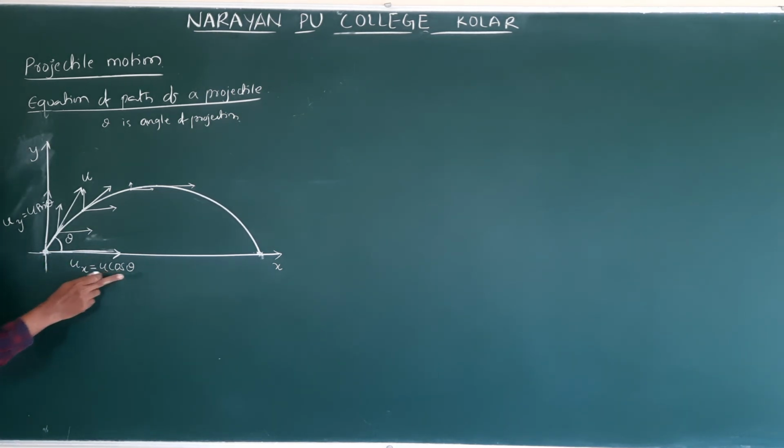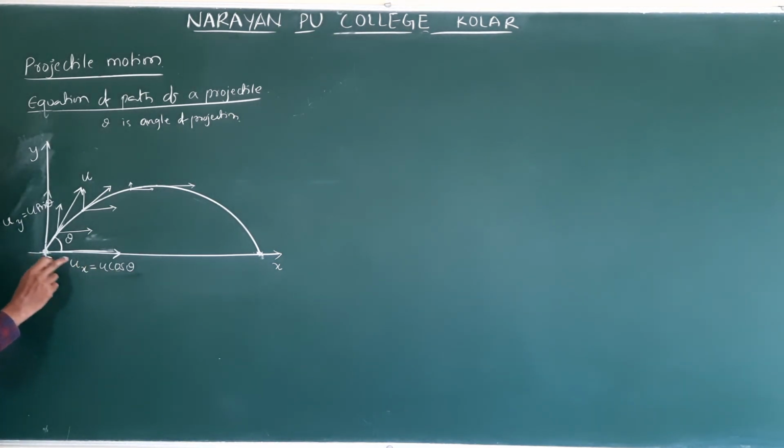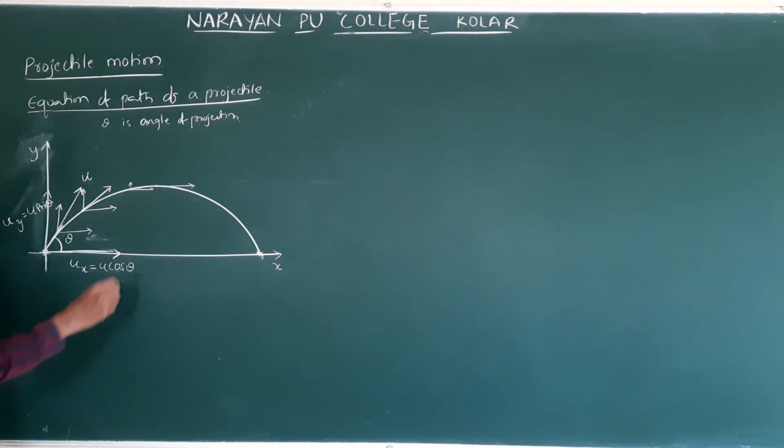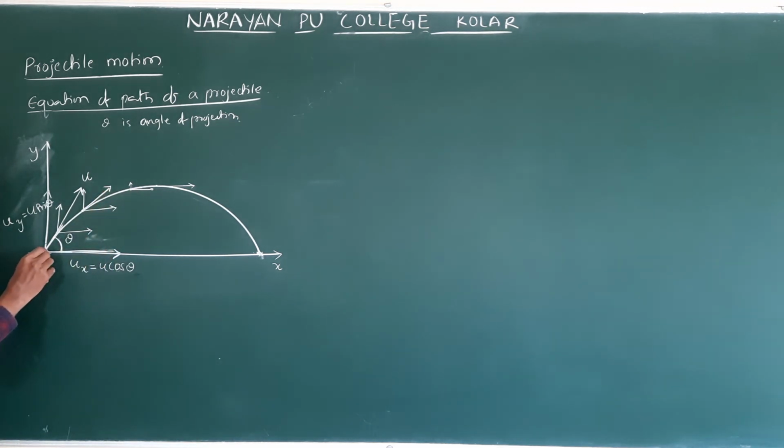So initially what is there along the x direction? U cos theta. What is there along the y direction? U sin theta. Clear? And now, as soon as we throw the object, it covers a certain distance along the x direction. Am I correct? And it rises; initially it is on the ground.